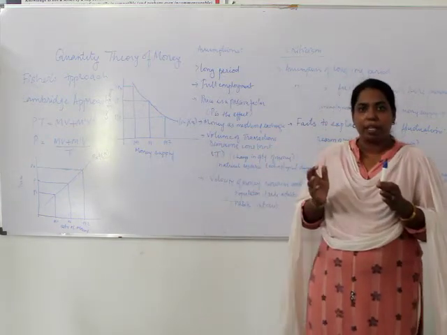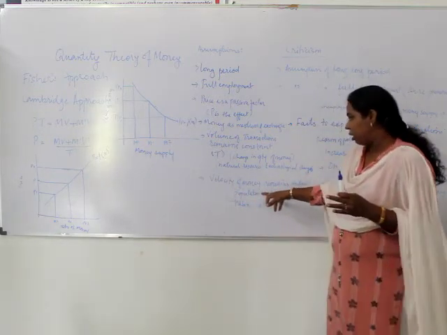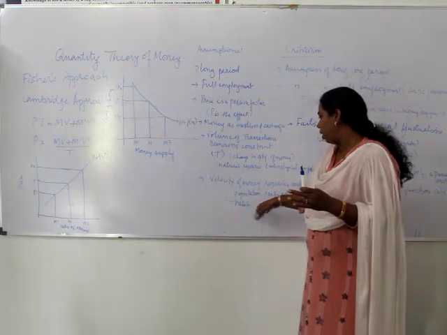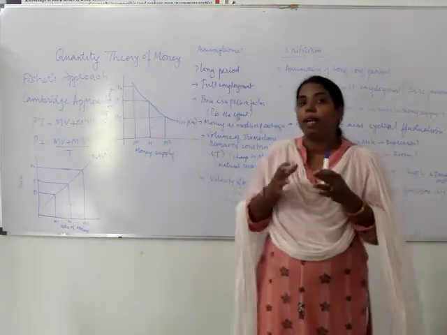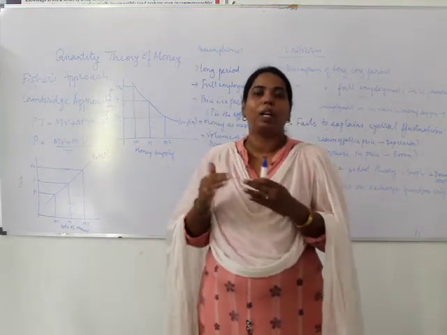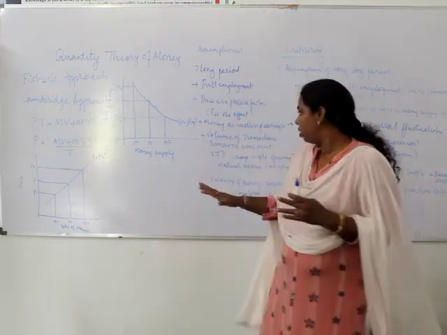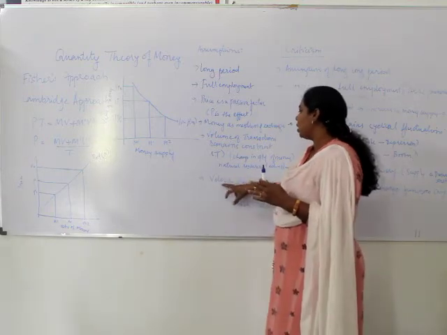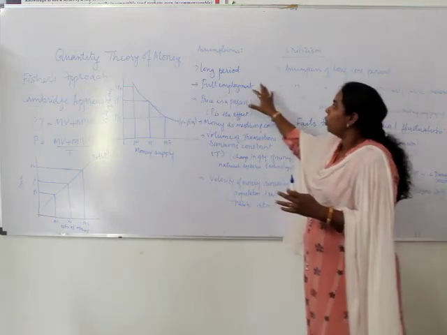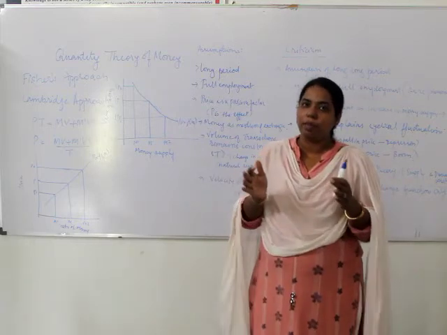It will be affected by factors like population, trade activities, the habits of the people, and interest, and these factors do not change rapidly. These are somewhat stable factors, and because of that, again here it is assumed that the velocity of money will remain constant. So these are the assumptions. On the basis of these assumptions, we have seen the theory.